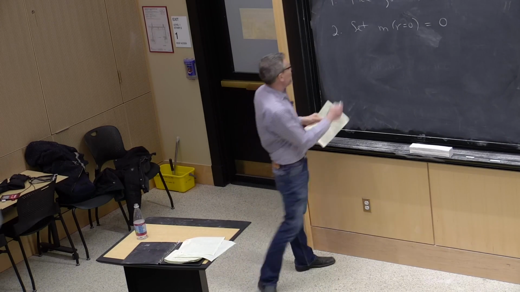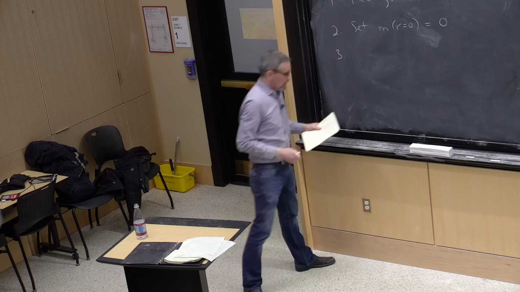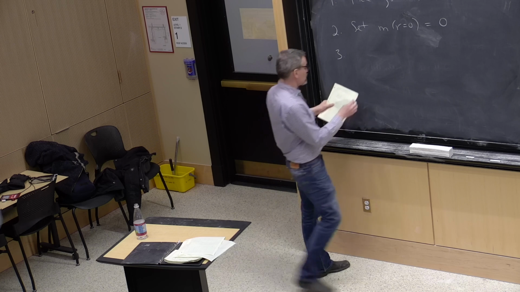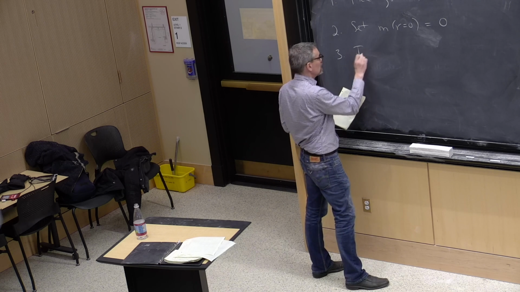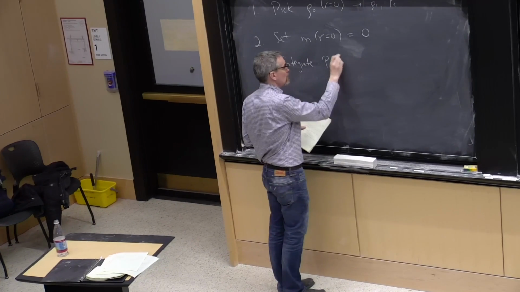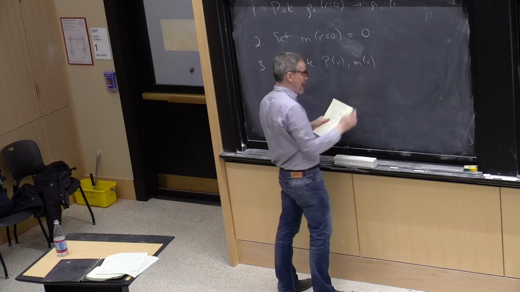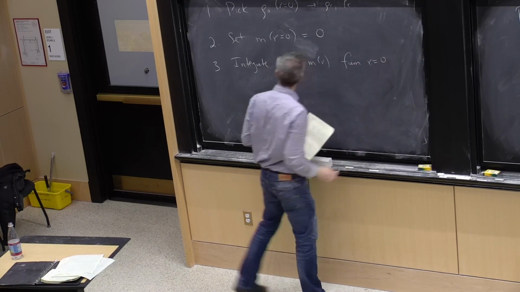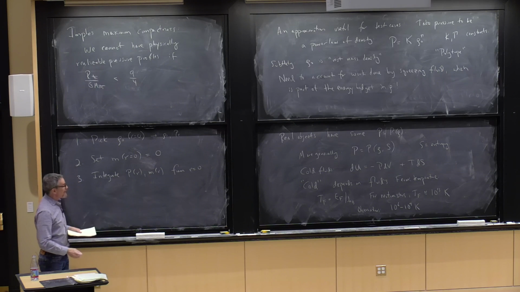It can be a little bit, I don't want to say tricky, but it's worth thinking about a little bit. Then what you do is integrate your equations for the pressure and the mass from r equals 0. And this cannot be done analytically. You have to use a numerical integrator.